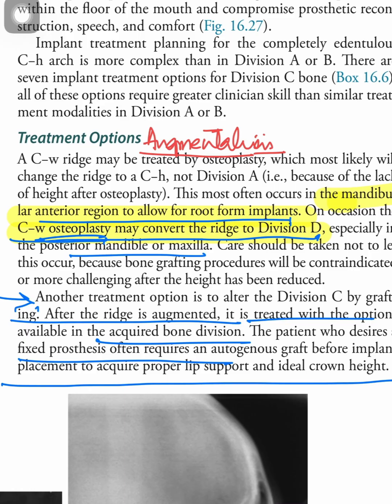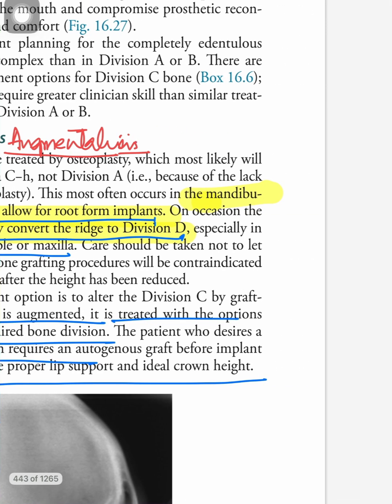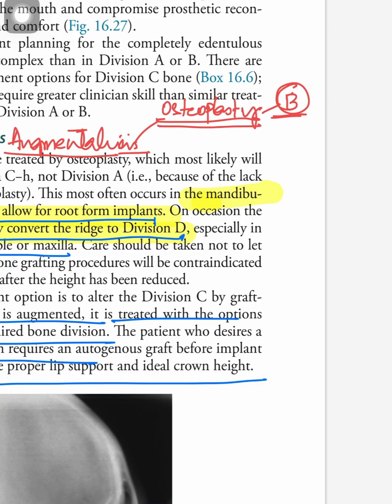What you can do is either an osteoplasty, which is not an augmentation, to convert into type B and then place narrow implants, or you can do an osteoplasty, convert into type B, and then use minimal grafting. You can use block graft.